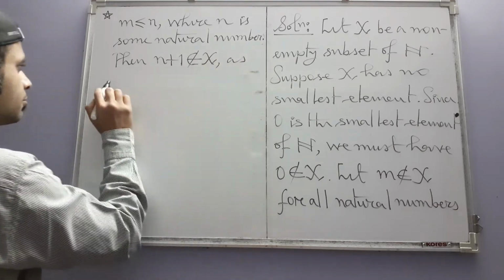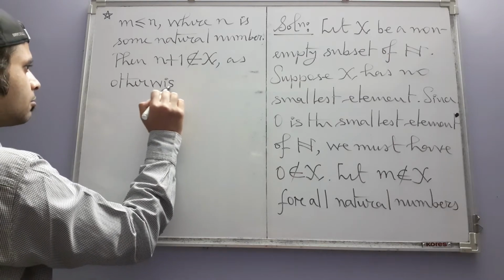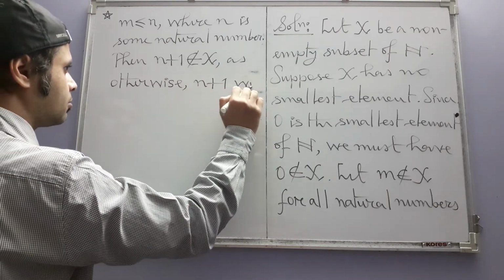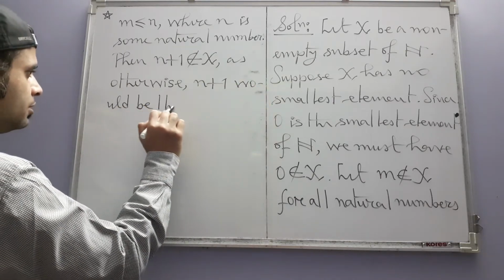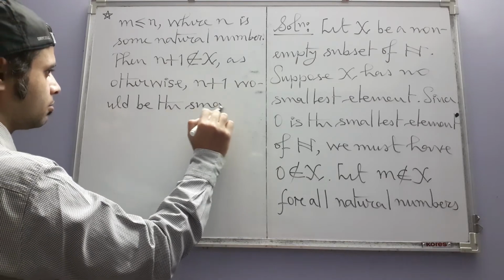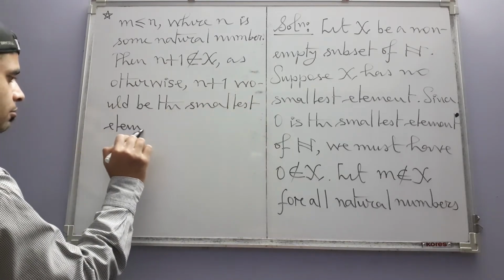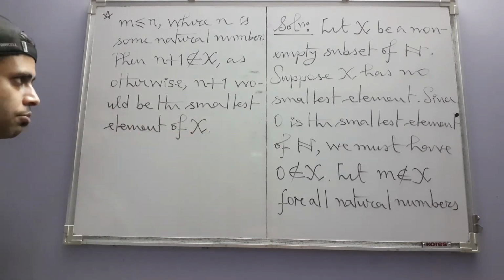as otherwise n plus 1 would be the smallest element of X. Why?